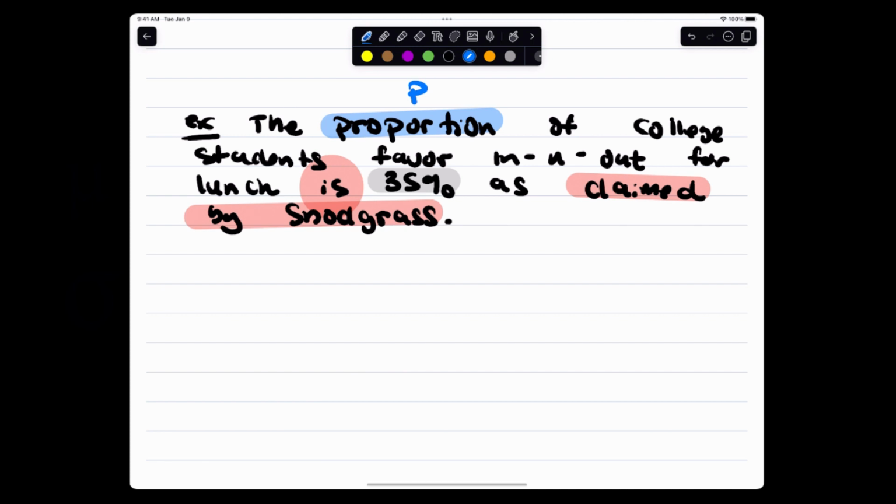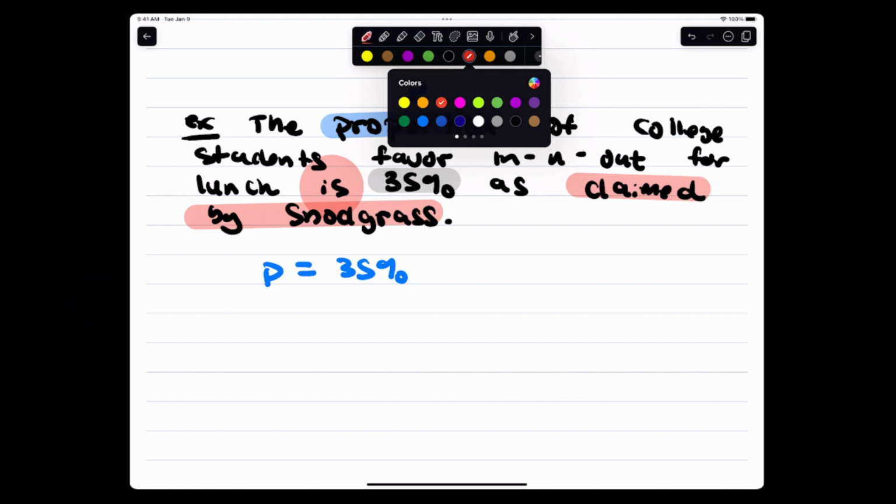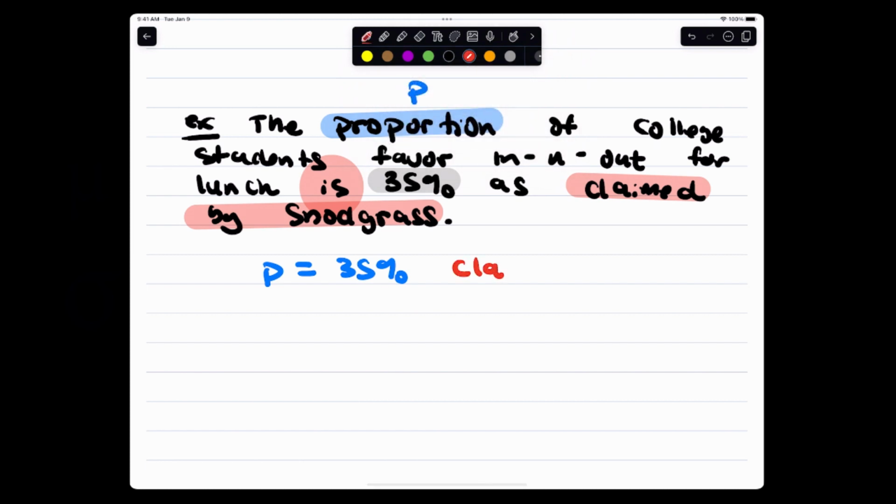You say p is equal to 35%, and write the word claim. That's your claim. The proportion of college students who favor In-N-Out is 35%, as claimed by Snodgrass.